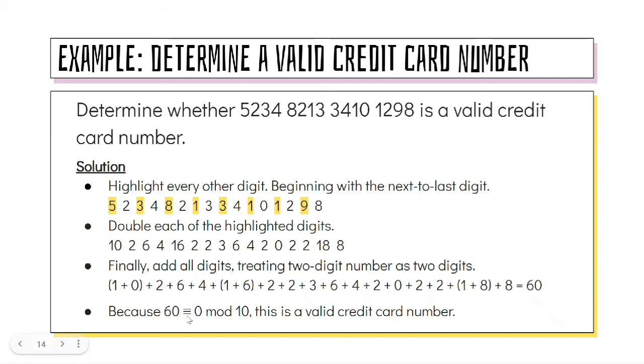So it is congruent to 0 mod 10. Always remember, class, that numbers congruent to 0 mod 10 are those divisible by 10 with no remainder. And that makes the credit card number valid.